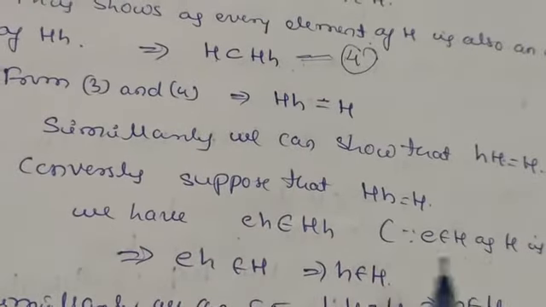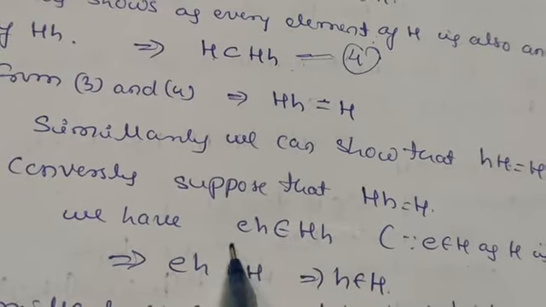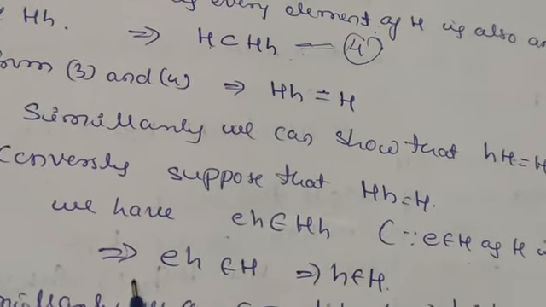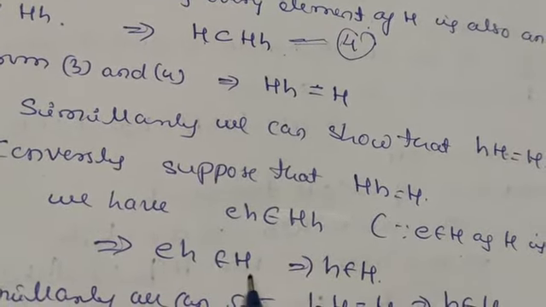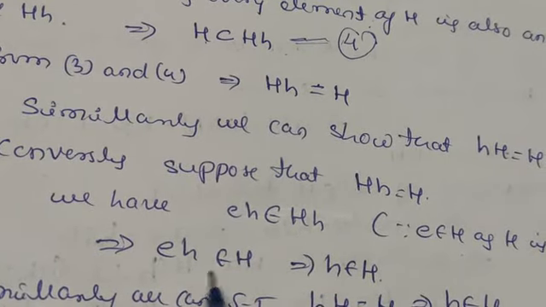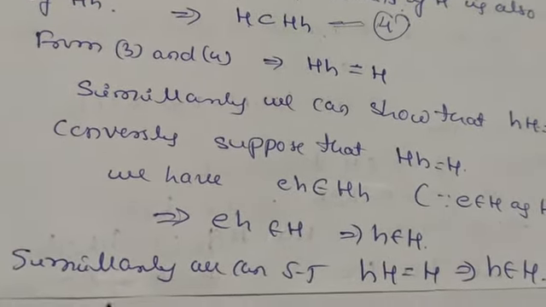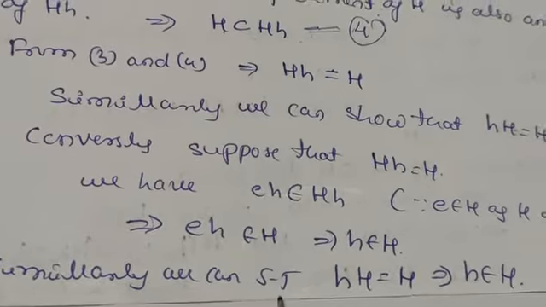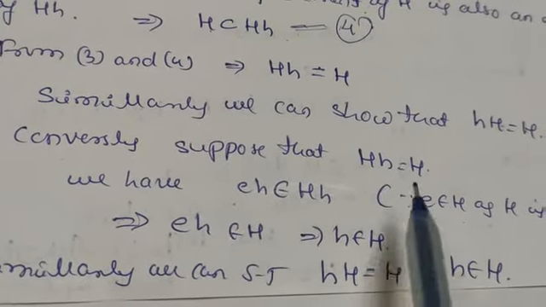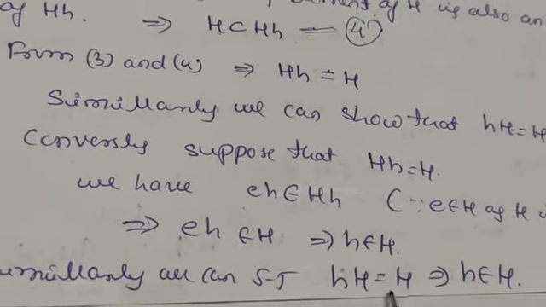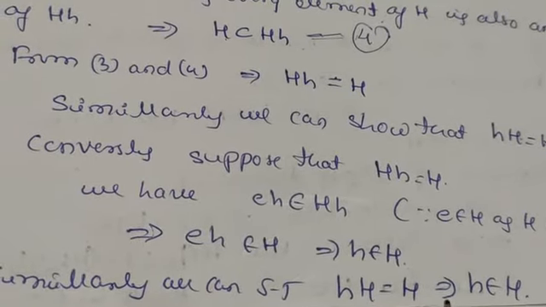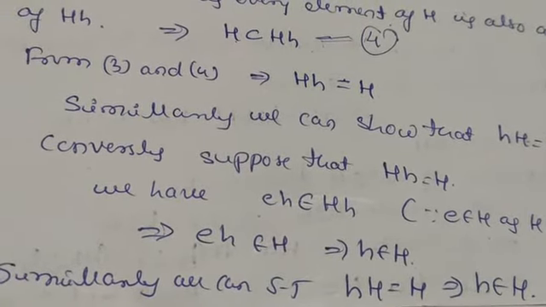So as h belongs to H into h, e into h also belongs to H into h. So this implies e into h belongs to H. This implies e into h is h, which belongs to H. Similarly, we can show that the converse of this one, small h into H, is also equal to H. So this implies h also belongs to H.